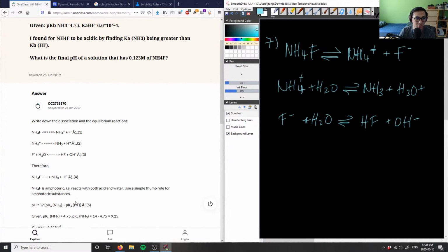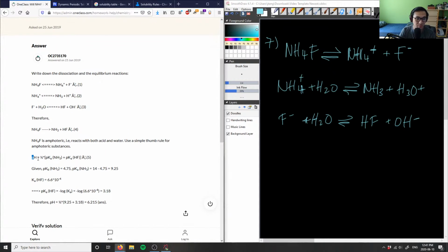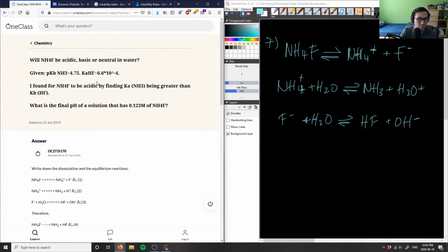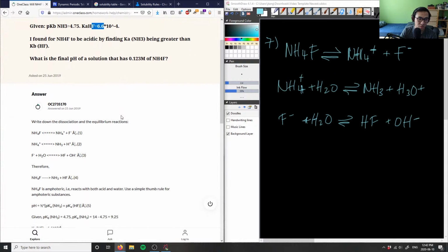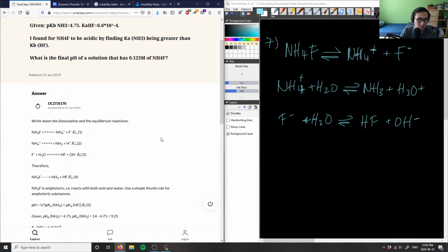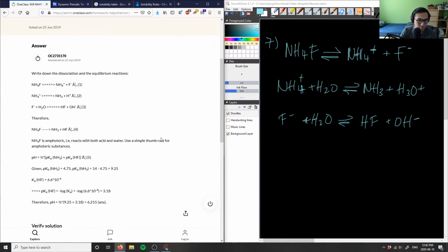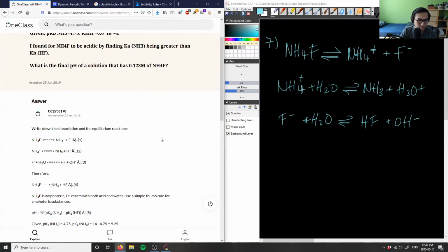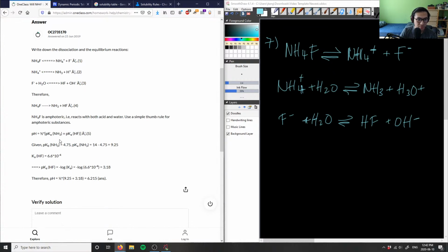So what they're doing here is they're using the Henderson-Hasselbalch equation. So pH equals half. Is this the Henderson-Hasselbalch? Let's see. Oh, this is not the Henderson-Hasselbalch. I don't know which formula they're using here. It's half times pKa of NH3 plus pKa of HF. And I don't know if we're given the Ka here, so we can actually solve for the pKa here. I don't know where this formula comes from.